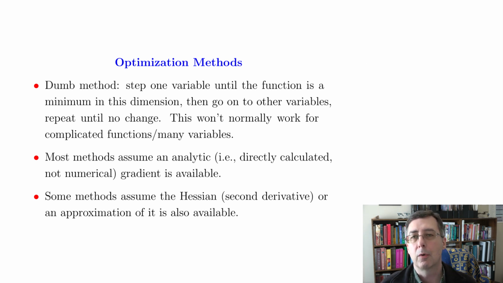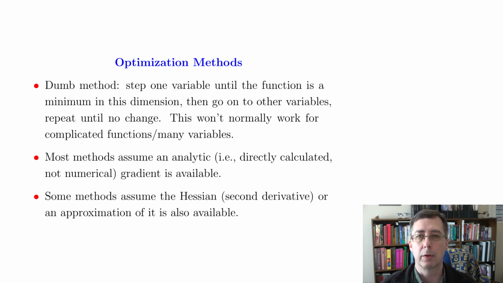And this typically won't work at all, because your energy function is normally a function of all those coordinates in a way that they're all coupled to each other. So if you minimize along one coordinate, then you spoil progress along other coordinates, and you can never find your way to the minimum.